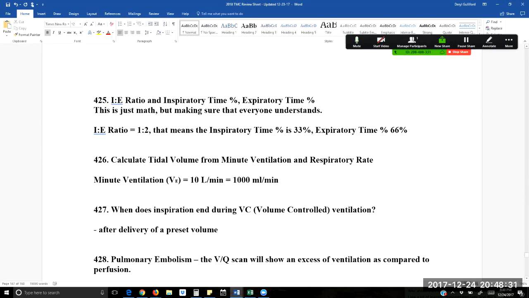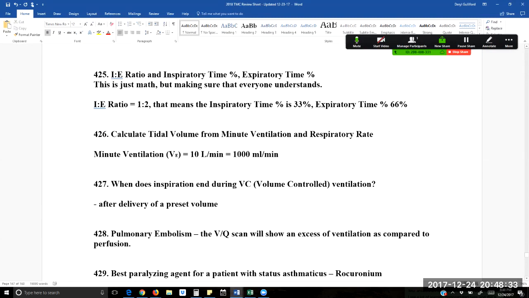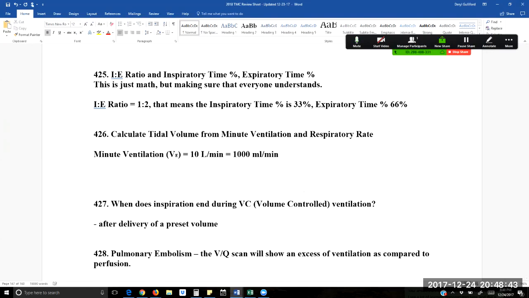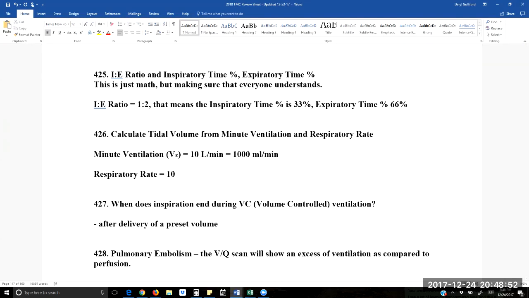So we want to make sure that you get it. Calculate tidal volume from minute volume and respiratory rate. Minute volume is 10 liters per minute. That's 1,000 milliliters per minute. Okay? And let's say respiratory rate is 10.